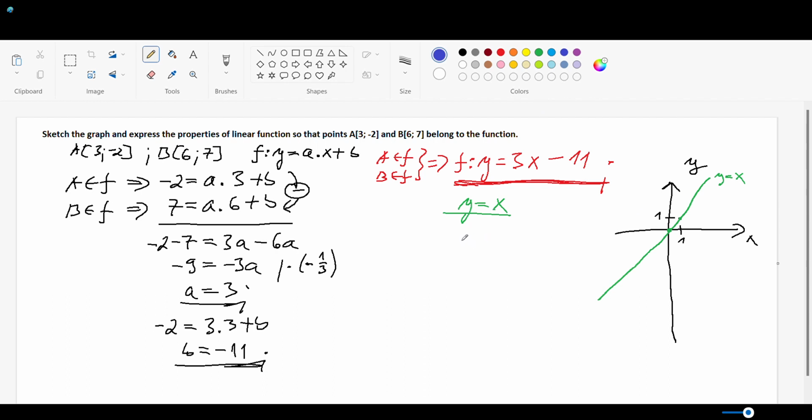Now we know that the next step is that we simply multiply our parent function by number 3.